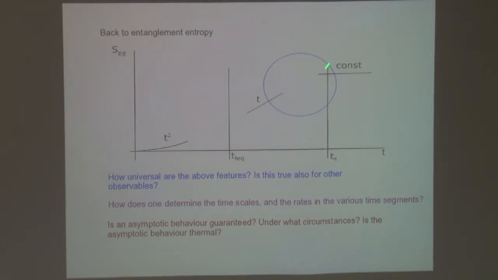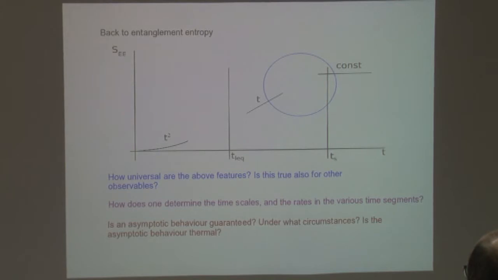However, what are the universal properties of this thermalization behavior, and perhaps more importantly, quantitatively, what is the scale of the first kind of equilibration? What is this saturation scale? And what are the dimensional quantities that you have to supply in order to write these functions? These are all interesting questions.